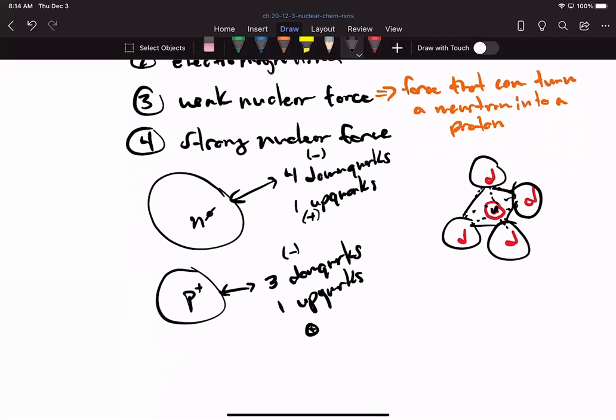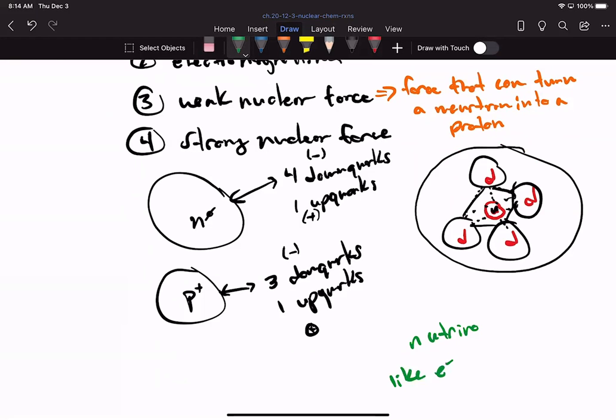So the weak force can turn a neutron into a proton. Our neutron here has one up quark and four down quarks. What happens here is we get something called a neutrino. A neutrino is kind of like an electron, but has no charge.